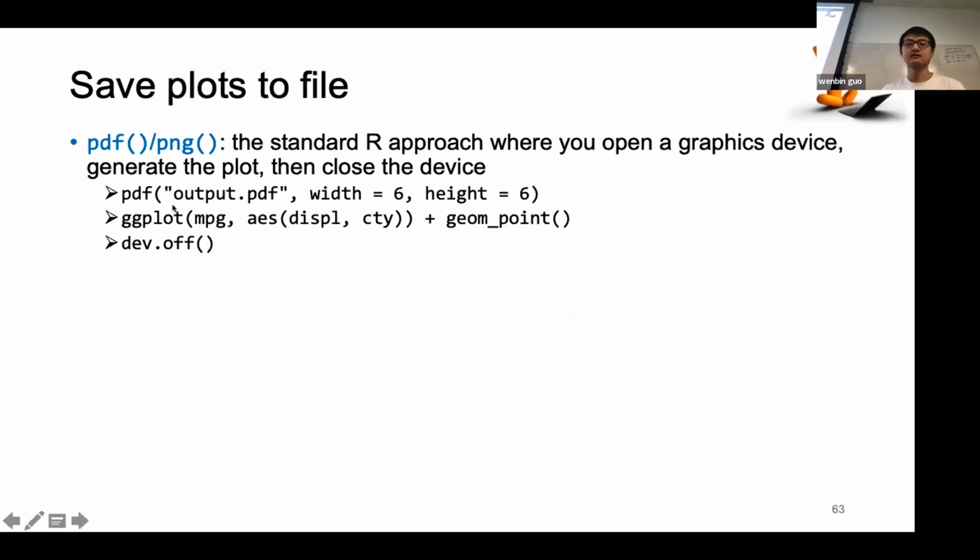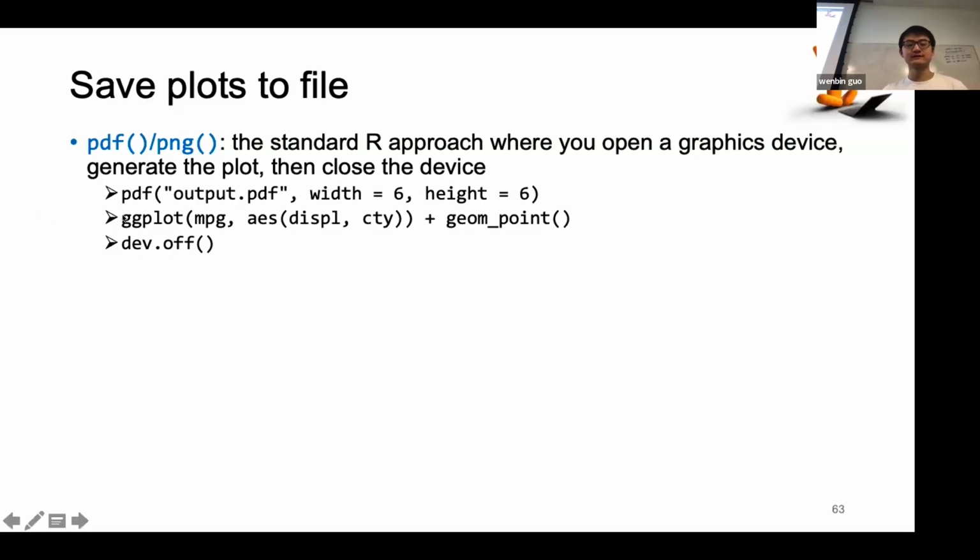Then you generate the figure after this line. After that, you call dev.off. After you call this, it will generate the figure and save it to the PDF. This is like the ending of the whole saving chunk.